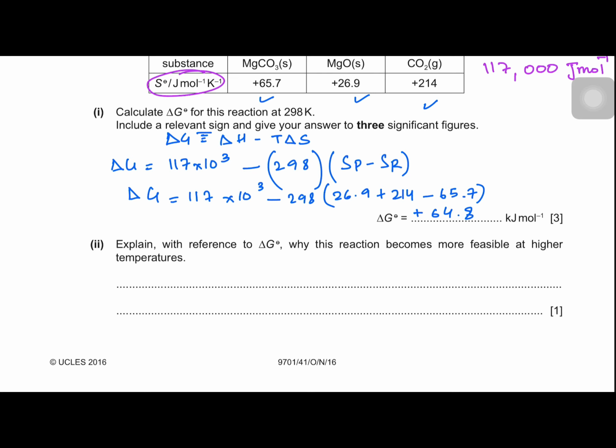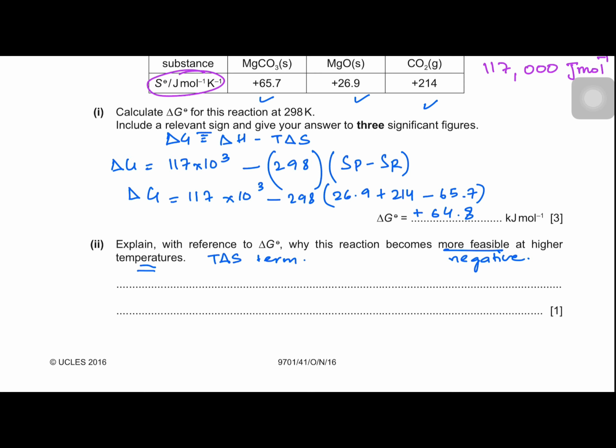Explain with reference to delta G why this reaction becomes more feasible at higher temperatures. Temperature controls the T delta S term. So if temperature is controlling something, you have to talk about the T delta S term. Now what's happening? At high temperature, the delta G is becoming more feasible. More feasible means more negative. Why is it happening?